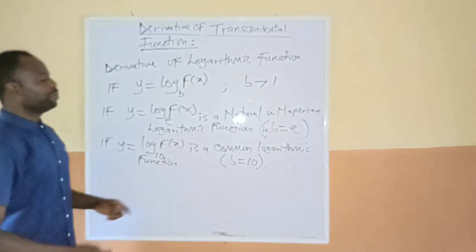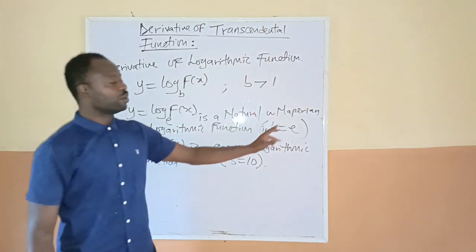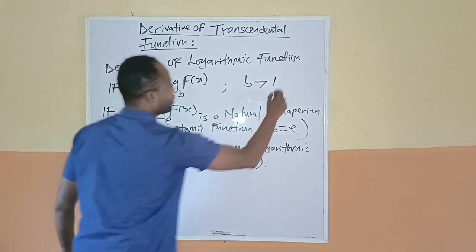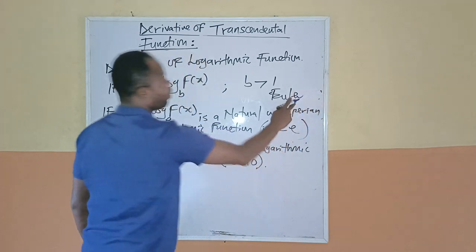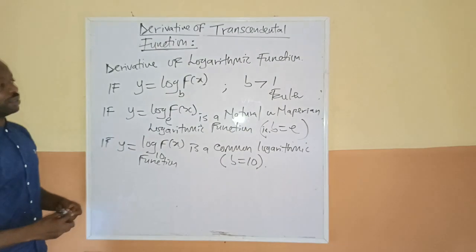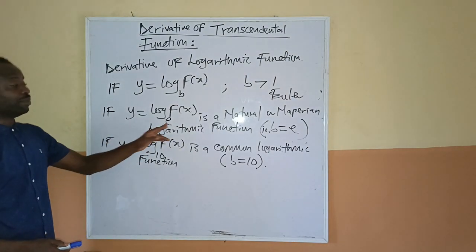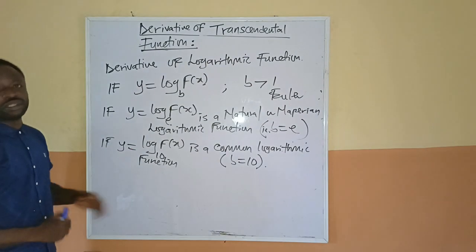So b equals 10 implies that this one is a common logarithm. Base e is an Euler constant. So what determines the nature of the logarithm is the base.